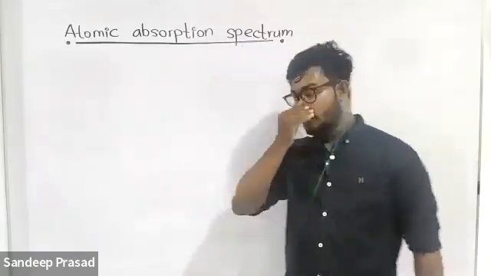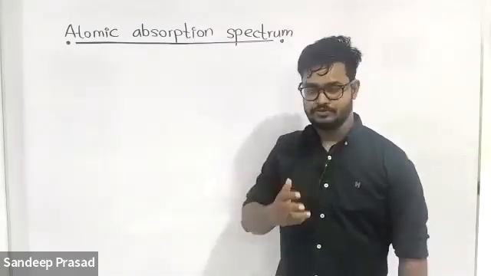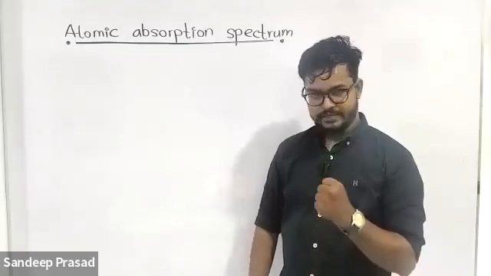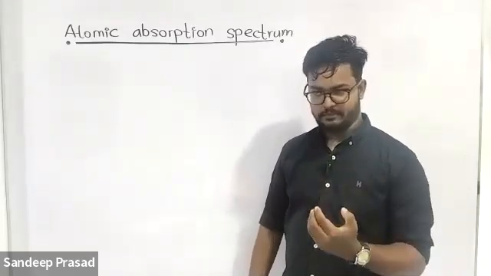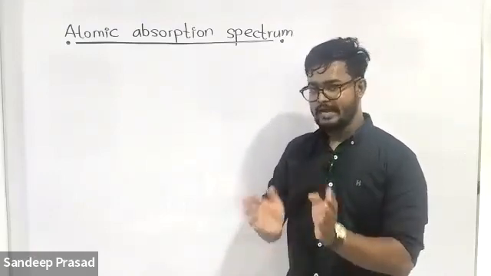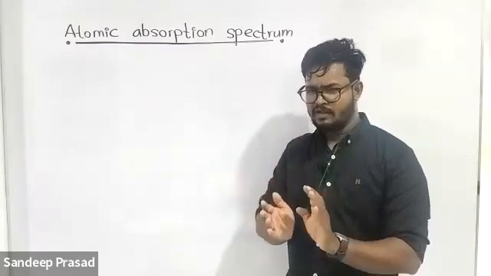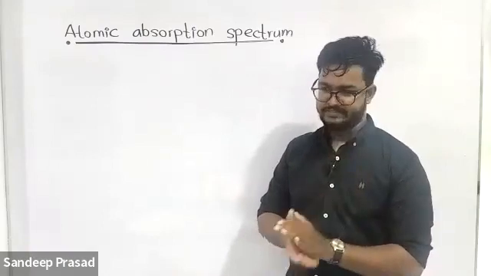Now we are going to discuss atomic absorption spectrum. Keep that in your mind. Before I take you to the hydrogen emission spectrum, we are going to analyze atomic absorption spectrum. This is very interesting and very easy.